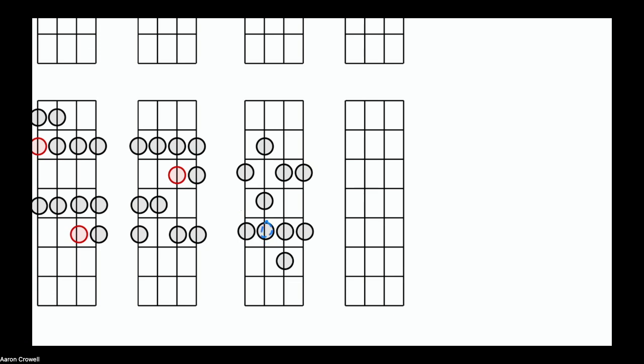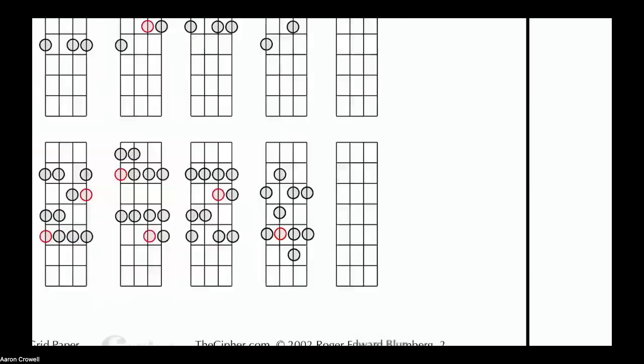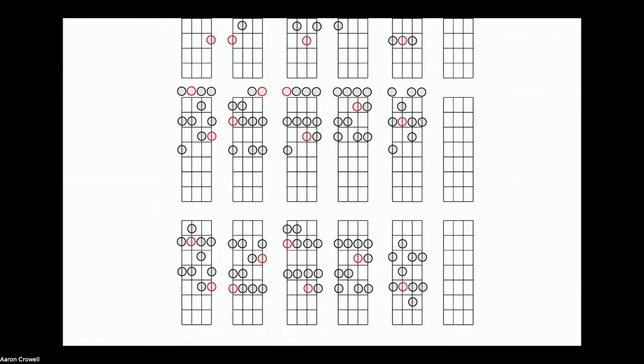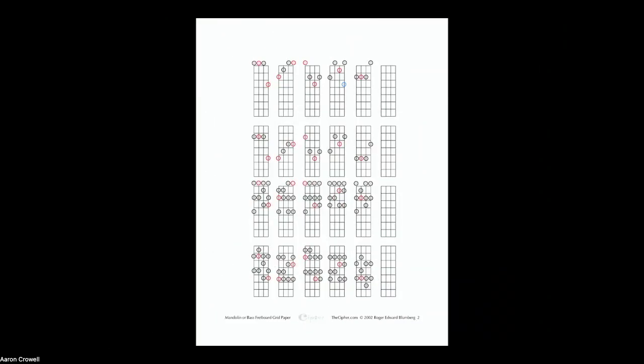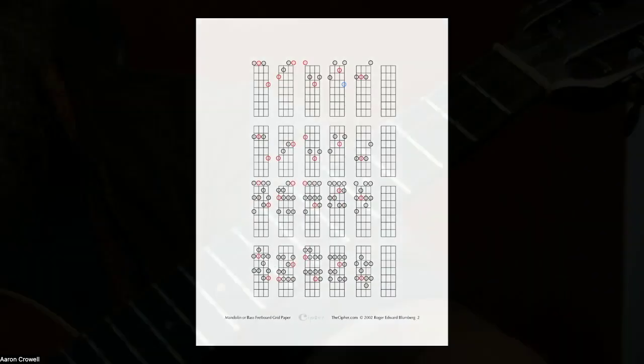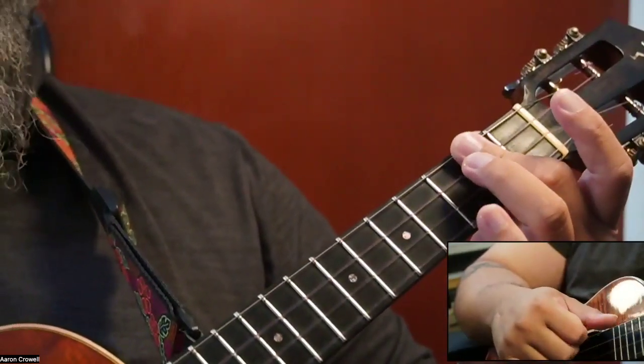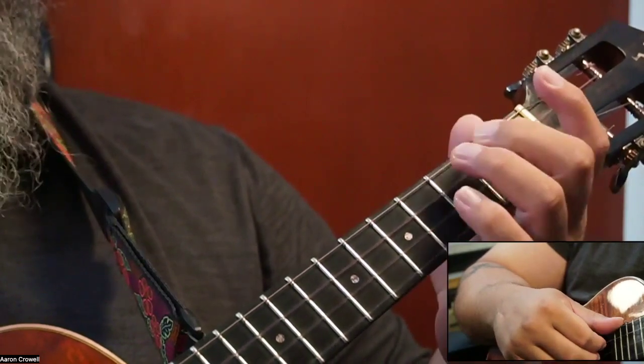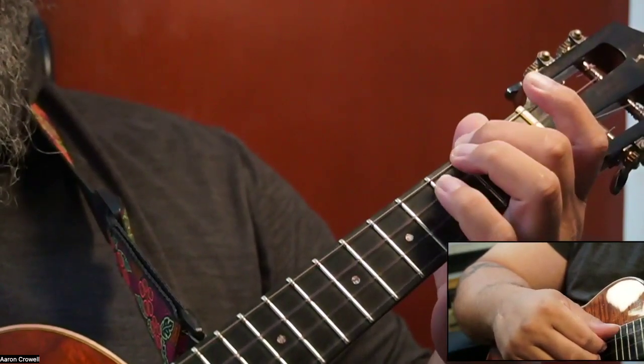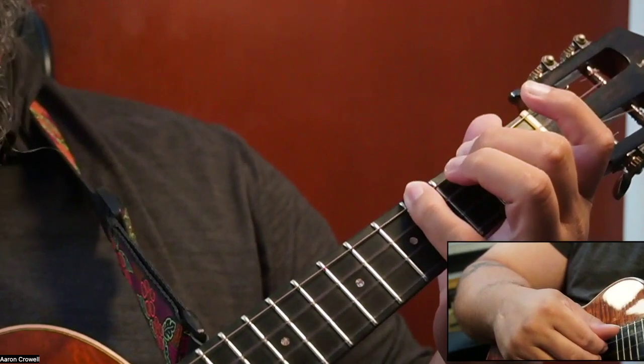There we go. Okay, so D shape in the open position and in the movable position looks like this, right? Here's my D chord. If I'm playing the open shape, I have this, this, this, right?